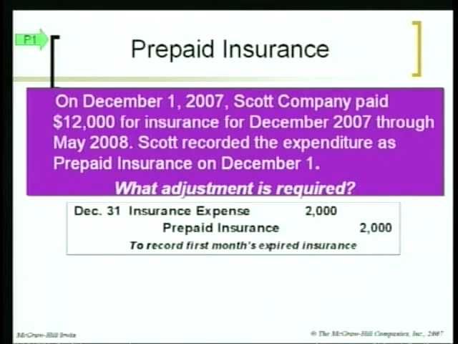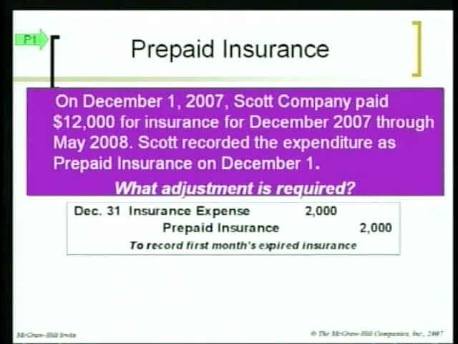So this AJE decreases an asset by $2,000, and it books $2,000 of expense into December 31. Now this situation is a little bit different because they bought it on December 1st, and the coverage actually began December 1st. Ours, I think, began January 1st, did it not?